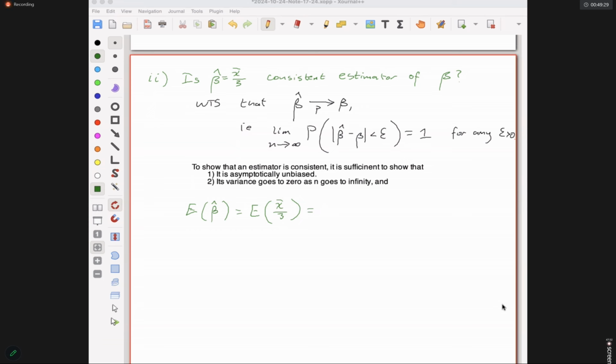Theta is not relevant to this. It doesn't come into this at all, because theta is just our parameter. It's just a stand-in for whatever parameter we're talking about, and here we're talking about beta. And really, right now we're talking about the expectation of x bar over 3.